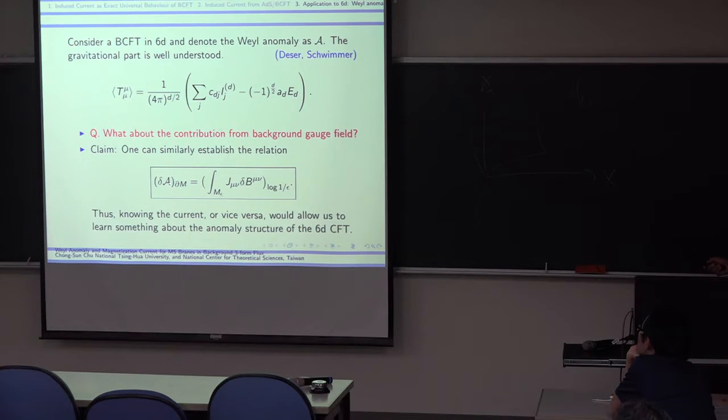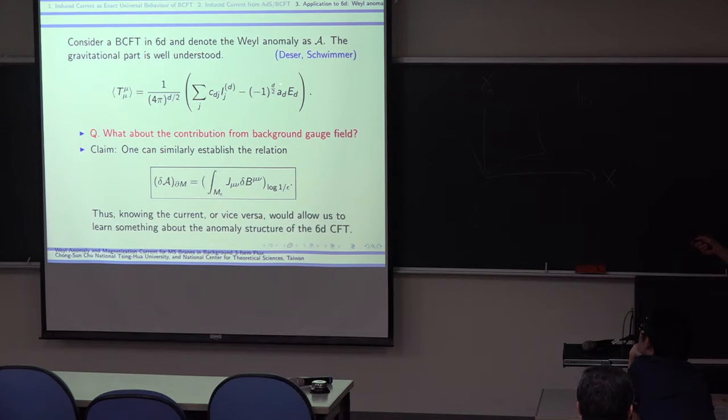So the boundary Weyl anomaly. This can be proven in general using just field theory, assuming you have the partition function. You don't need a Lagrangian. This equation here just says that the general structure of the Weyl anomaly has been studied. The metric part of the answer is known from this gentleman here.